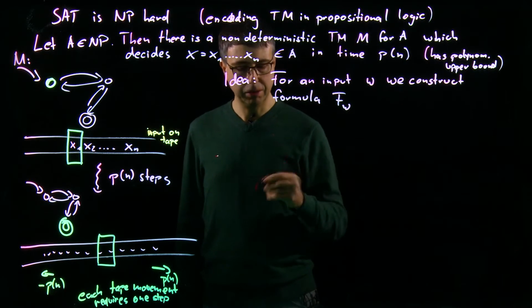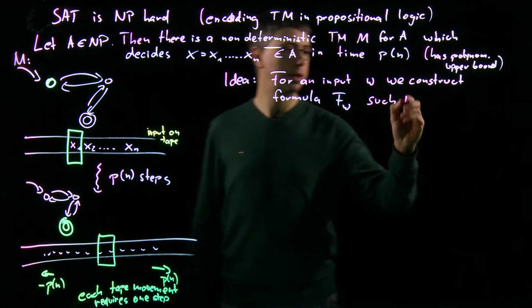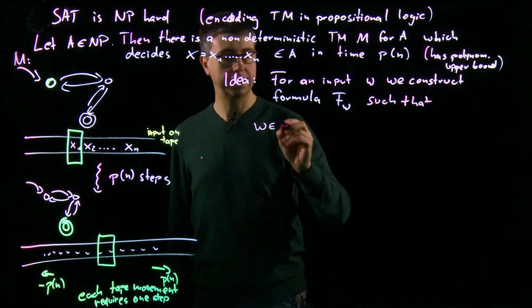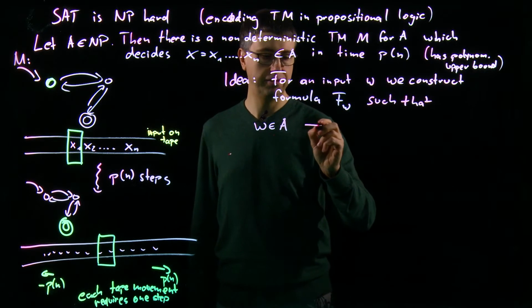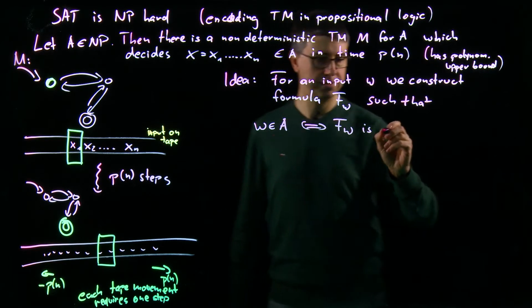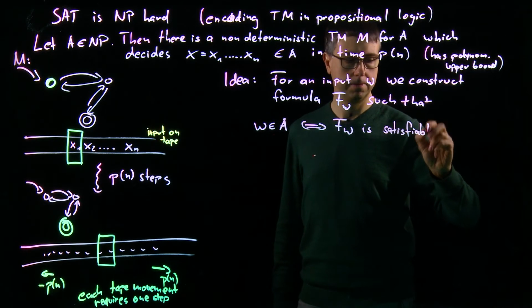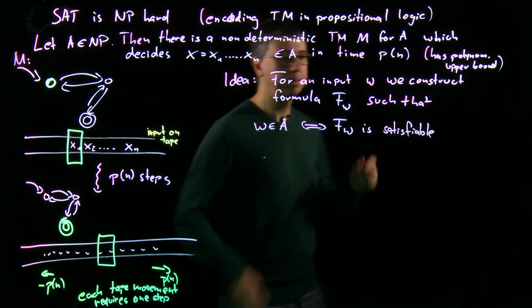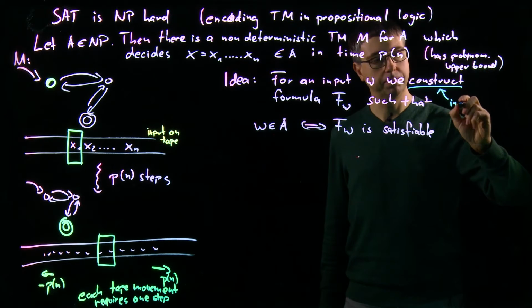And this formula Fw should be satisfiable such that A accepts W, so W is in A, if and only if Fw is satisfiable. And there's one important part. This construction here must be done in polynomial time.